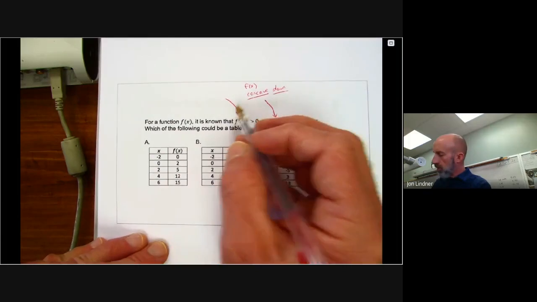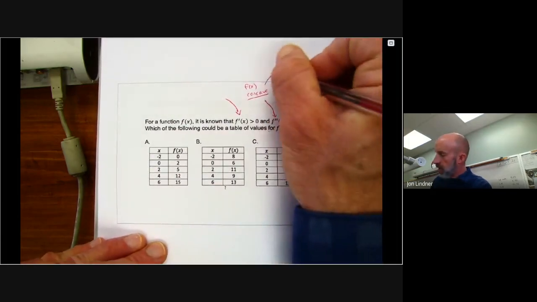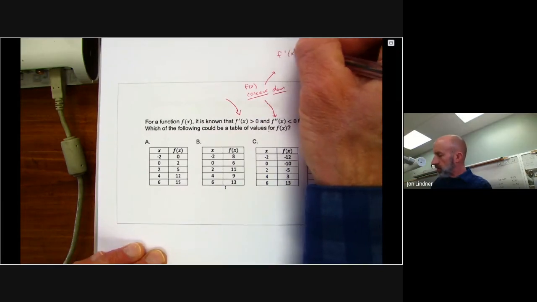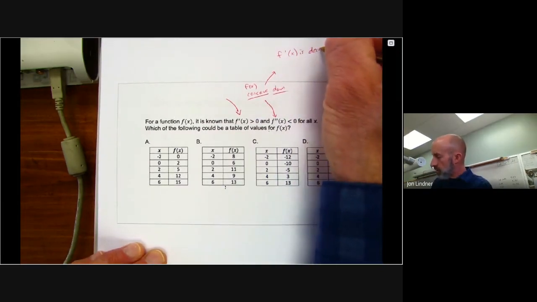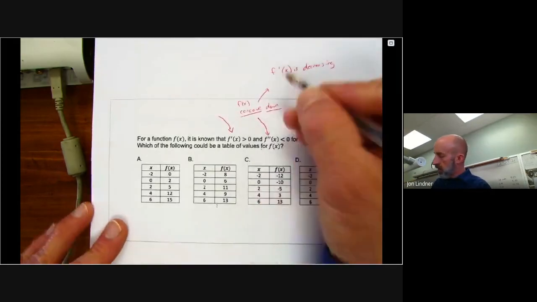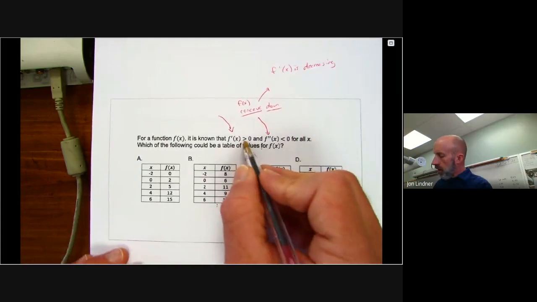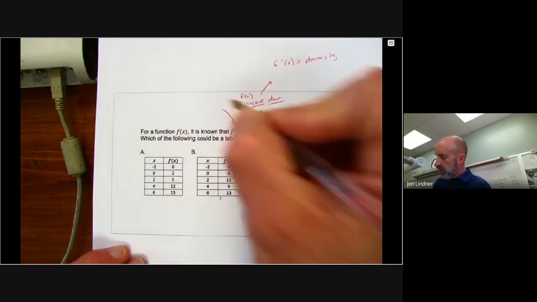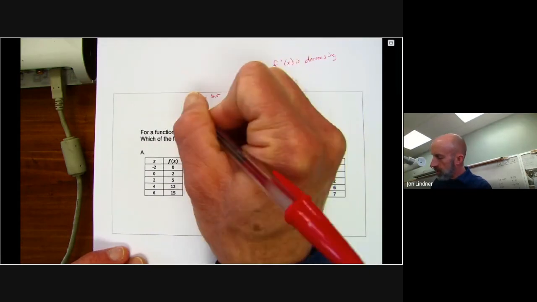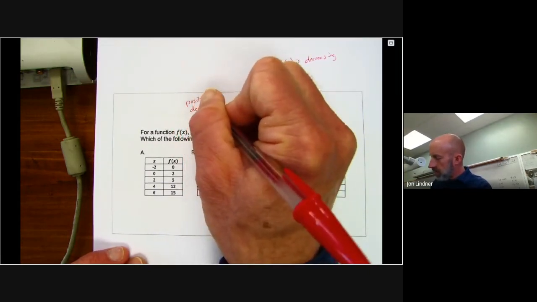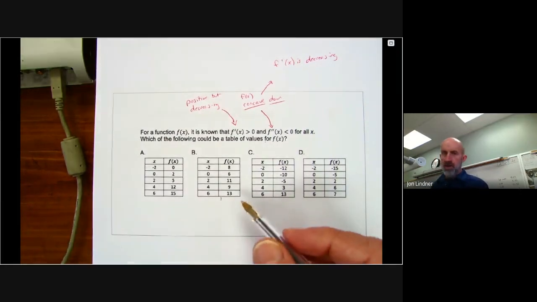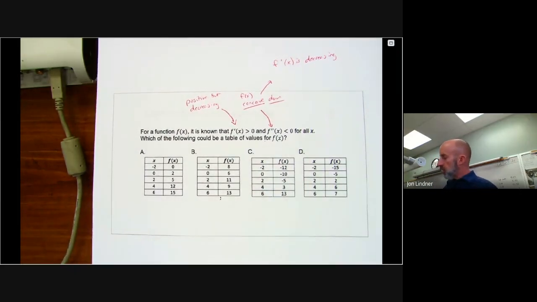Remember, if a function is concave down, then f prime of x is decreasing. So yeah, it's positive, but decreasing. All right, so that means the slopes of the tangent line have to be decreasing.